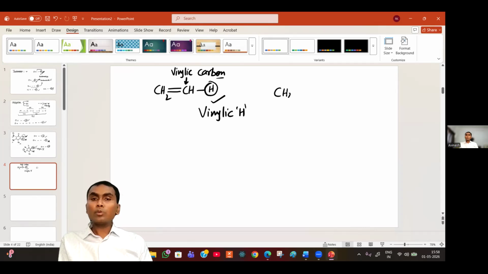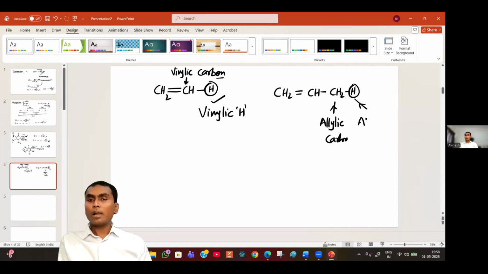And if CH2 double bond CH single bond CH2 H, this carbon is called allylic carbon, and this hydrogen is considered allylic hydrogen. Vinylic hydrogen never participates in tautomerization.